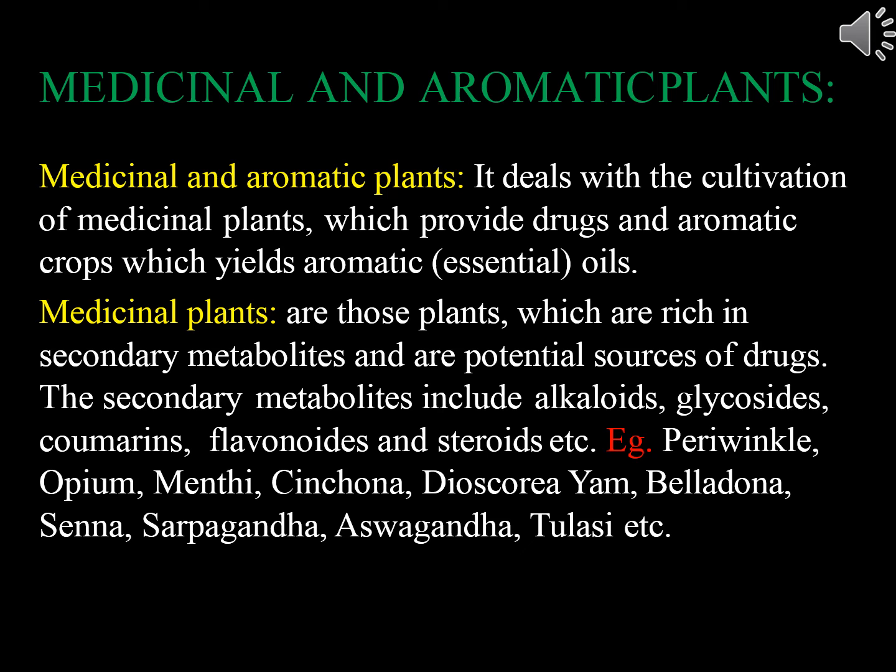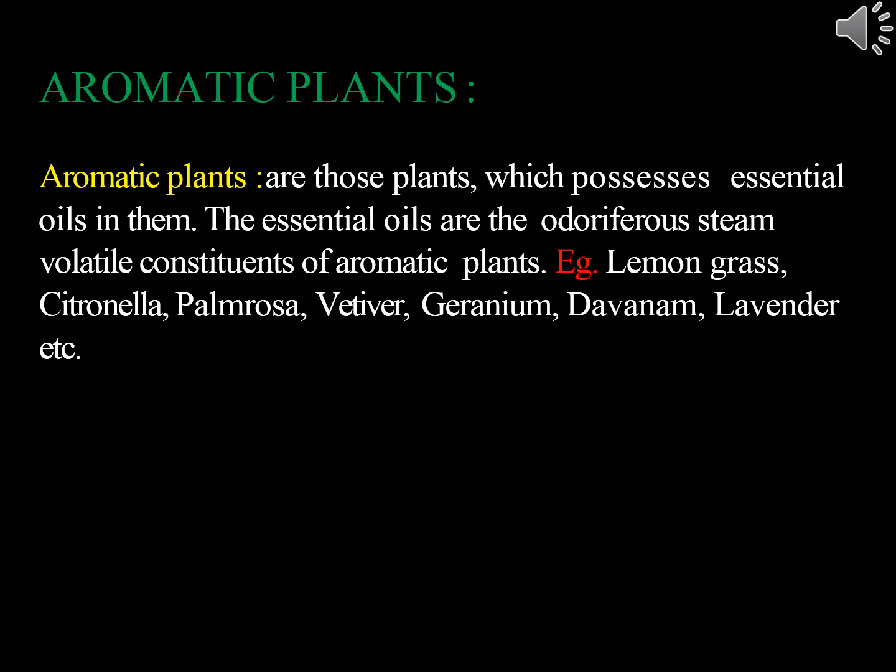The secondary metabolites include alkaloids, glycosides, coumarin, flavonoids, and steroids. Aromatic plants are those plants which contain essential oils. The essential oils are the odoriferous steam volatile constituents of aromatic plants.